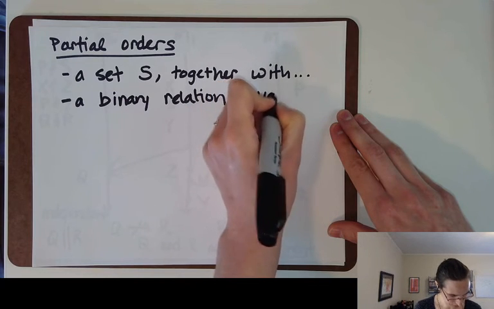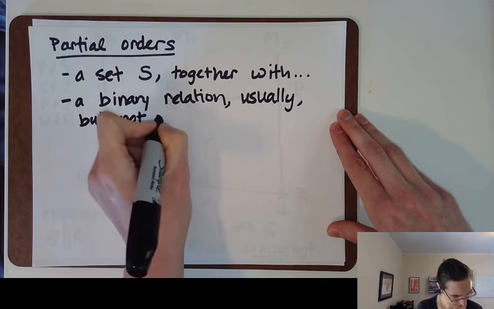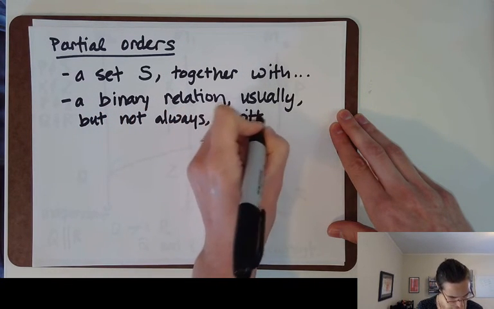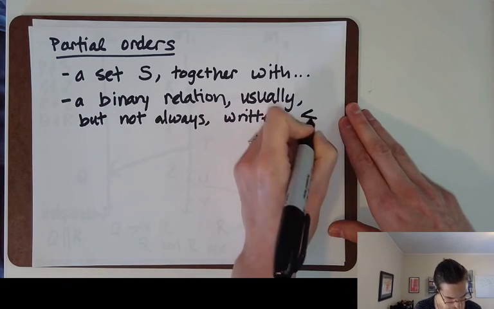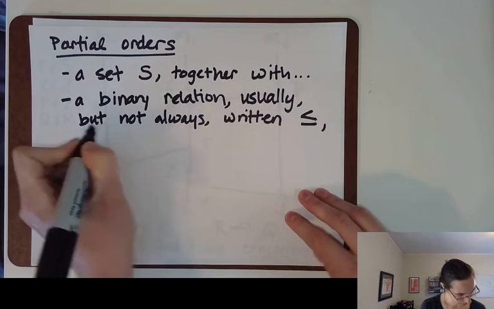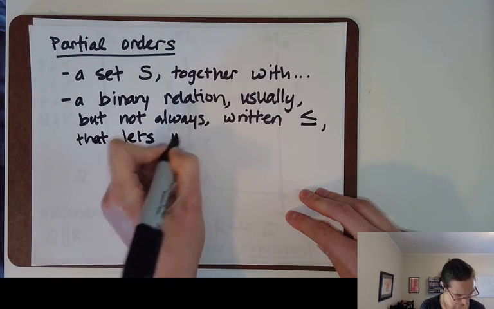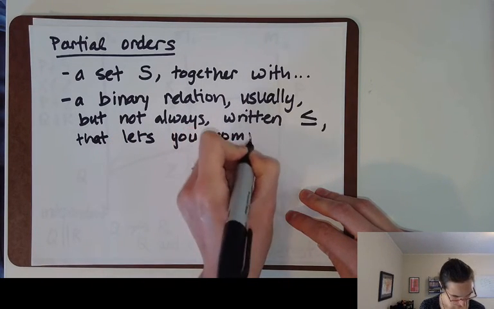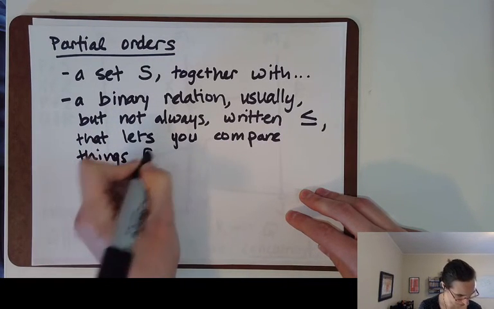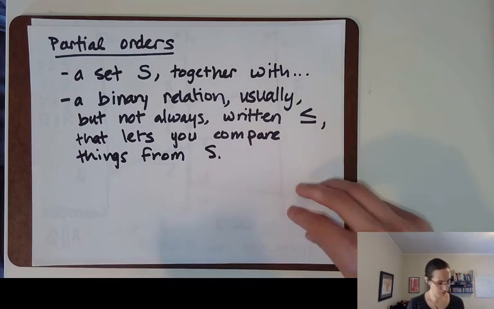Usually, but not always, written like this, so something that looks like less than or equal. That lets you compare things from the set S. And it has to have the following properties.